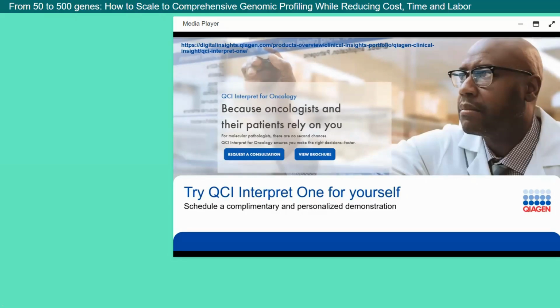And then we interpret other TMB, MSI, and in the upcoming release, we'll be also able to handle homologous repair deficiency status as well. The second question was, what data files can we upload?